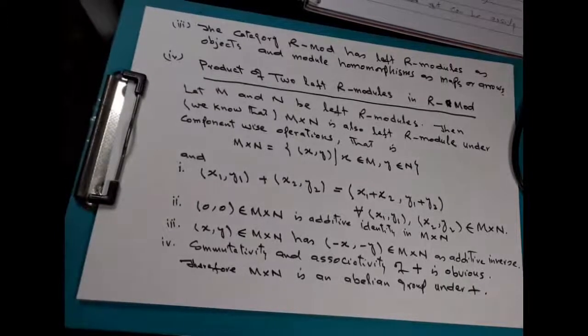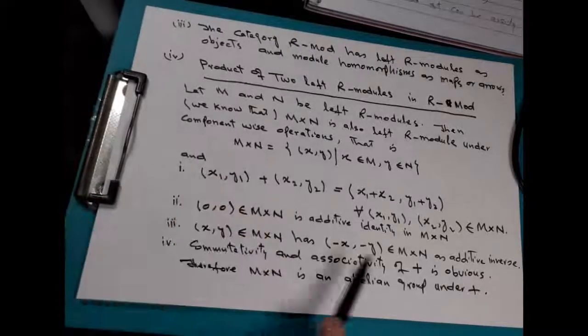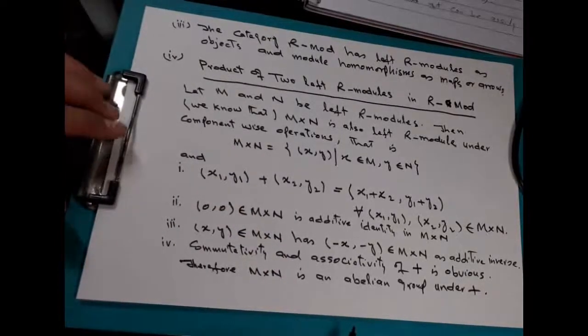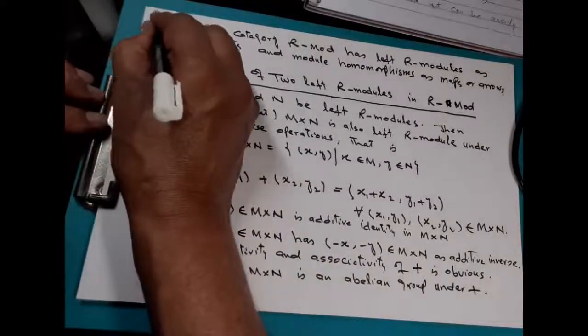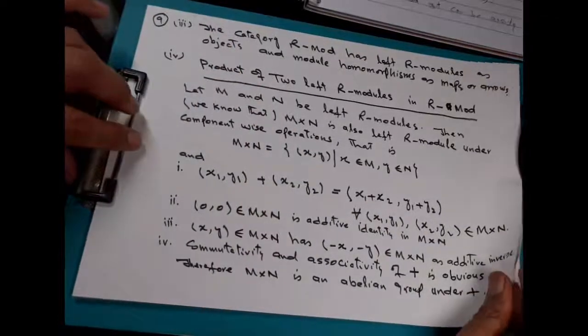So the first condition to be a left R-module is that the set has to be an abelian group under addition. So we have established that M cross N is an abelian group under addition.